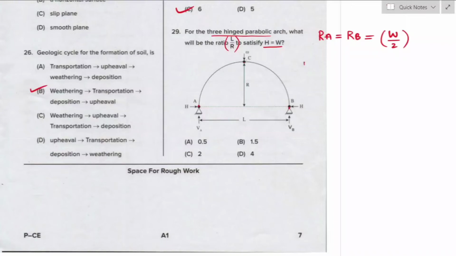So considering the moment at the crown is equal to 0, RA into L by 2 is equal to horizontal thrust from point A into central rise.